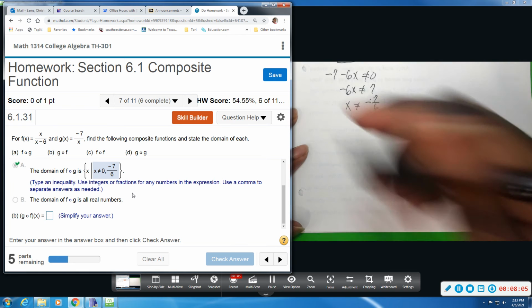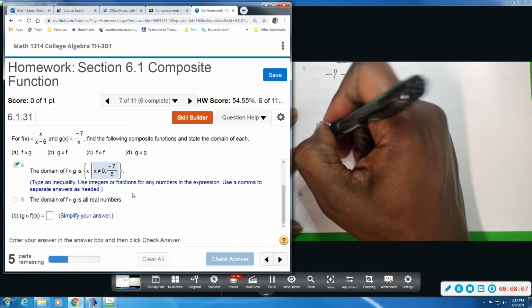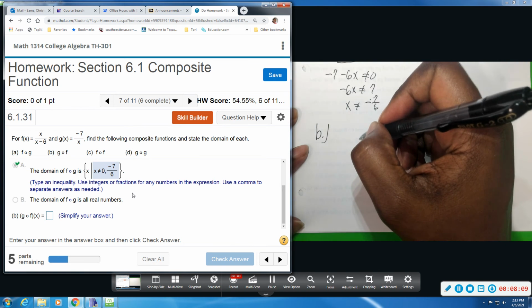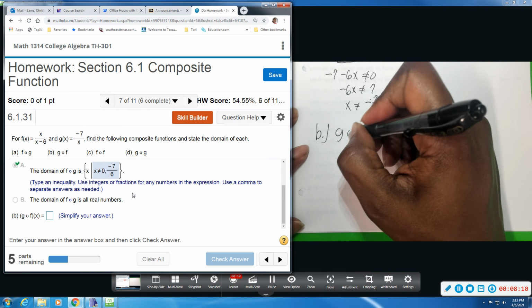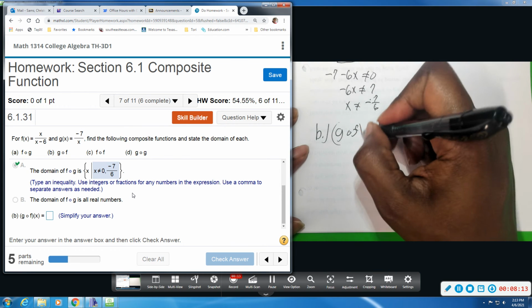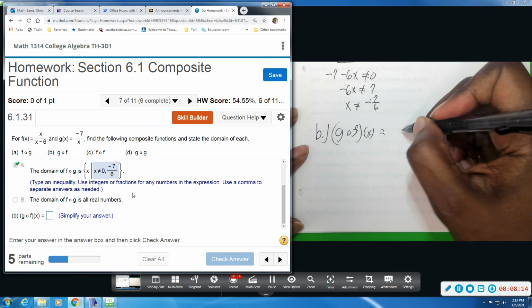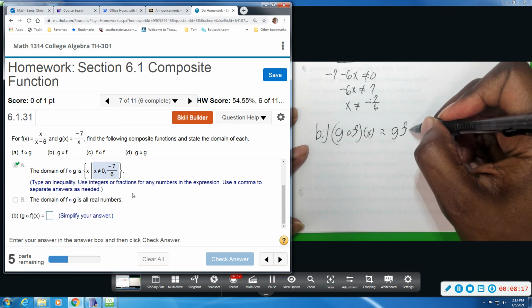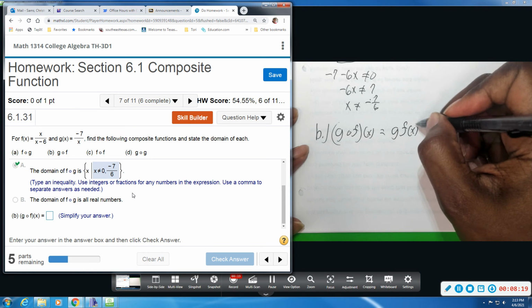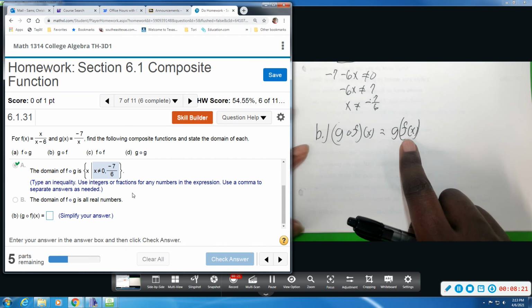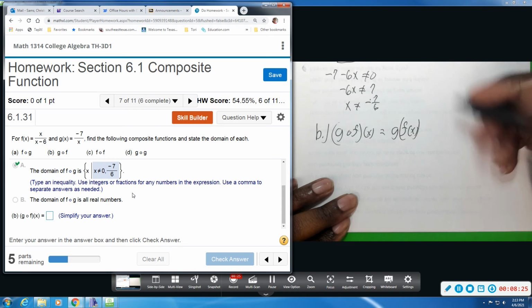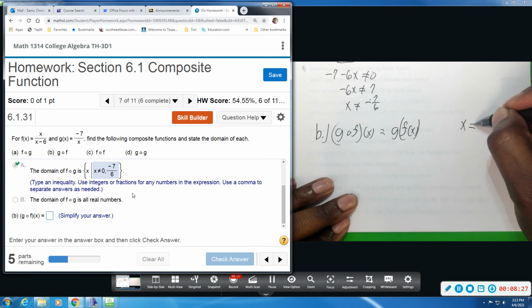So on part B, we are doing g of f of x, which is g f x, like this. So this time we're plugging in f of x, and the restriction on f of x was x could not be equal to 6.